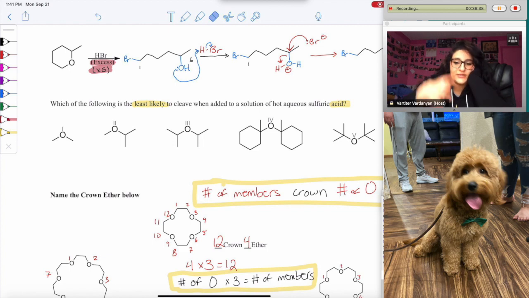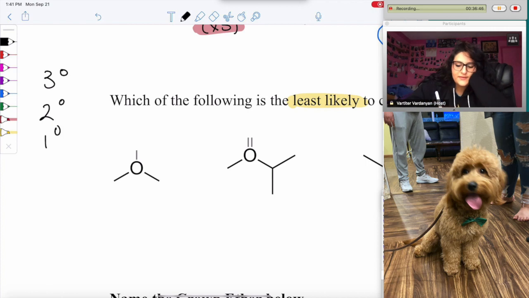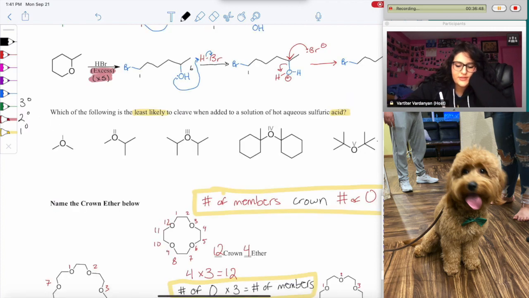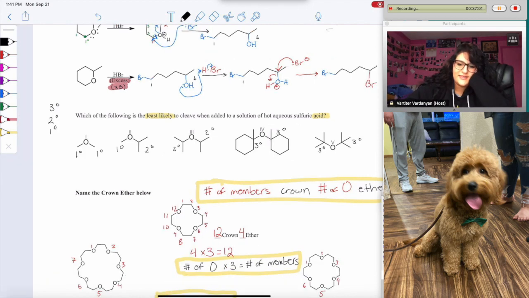And so we're going to use that now. So we like tertiary the most, secondary, and then primary the least. And so here we have tertiary, tertiary, tertiary, tertiary, secondary, secondary, primary, secondary, primary, primary. So which of these is going to be the least stable, aka least favorable one?